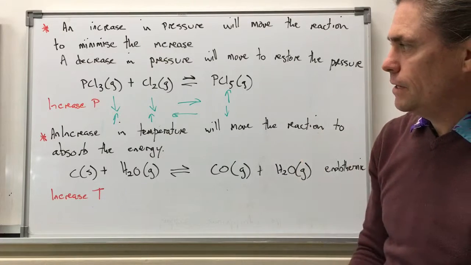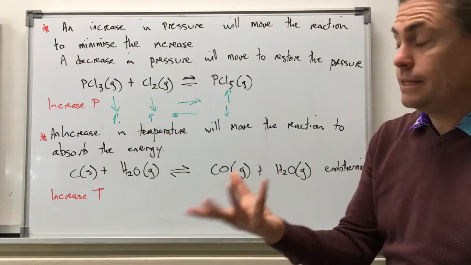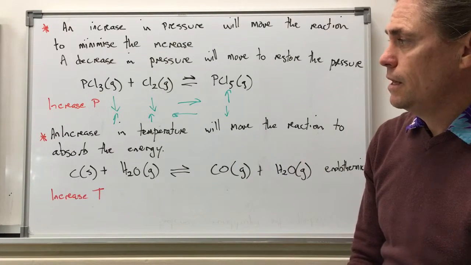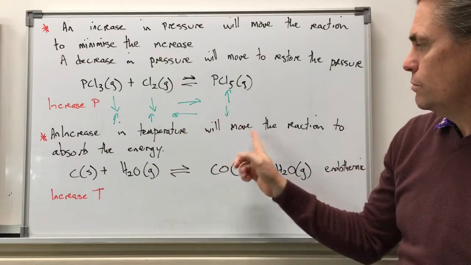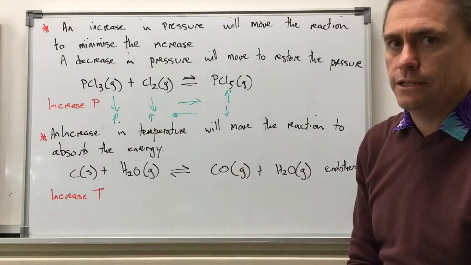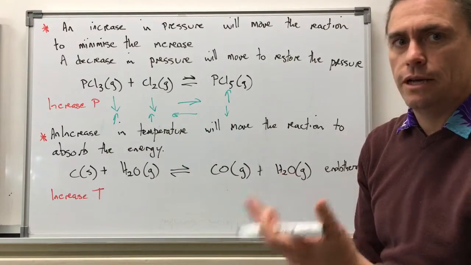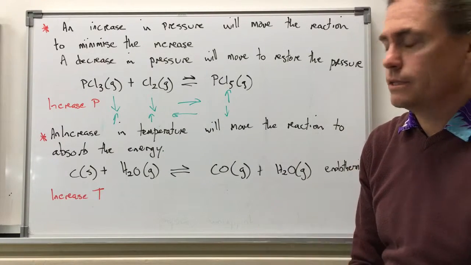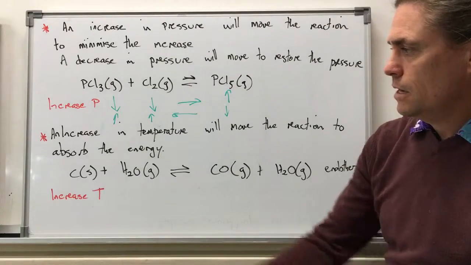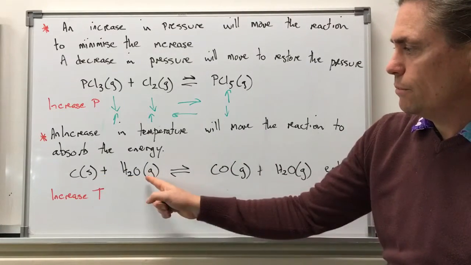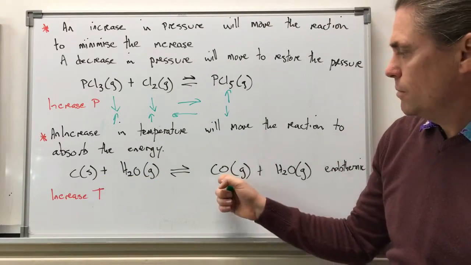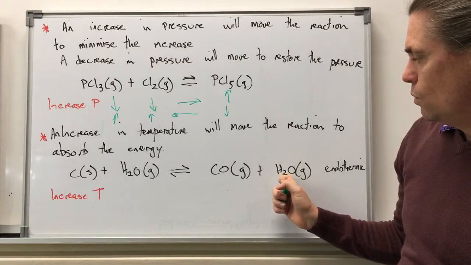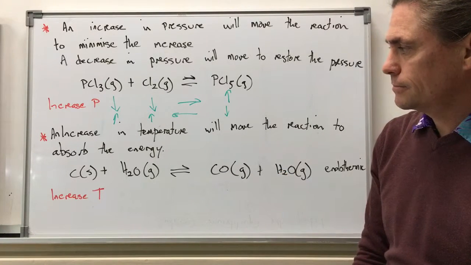Finally, if we were to manipulate the temperature of our system, we'll find that an increase in temperature will move the reaction to absorb that energy. So whether you've got an exothermic or endothermic reaction, it will shift left or right to absorb that energy. So if we've got carbon, we combine that with water to give us carbon monoxide and hydrogen as a gas.